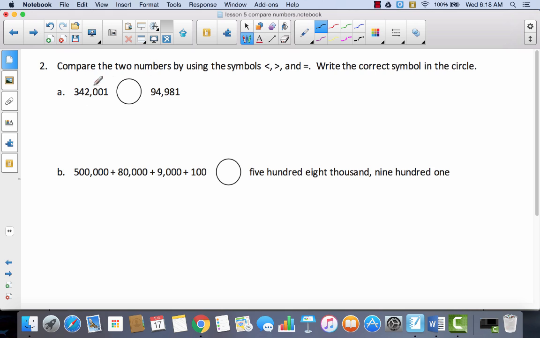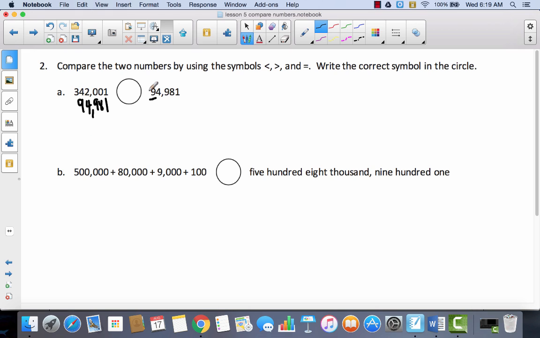If you look at the first digit in these two numbers, you're going to see that 9 is greater than 3. But the problem is, if you write 94,981 right below this number and you line up the ones, tens, hundreds, thousands, and 10,000s, you're going to see that this 9, even though it's greater than 3, is in the 10,000s place, and this 3 is in the 100,000s place.